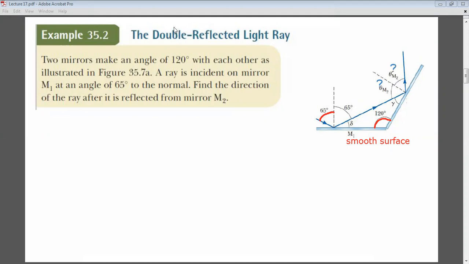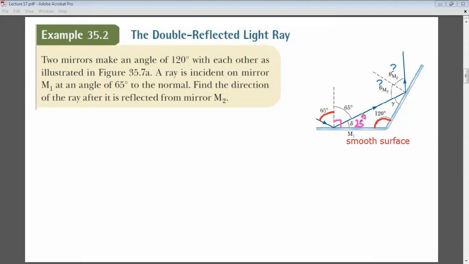So let's now draw in purple. If this is 65 over here, and this angle here is 90, then this angle over here is 25, which is 90 minus 65, right? This angle over here is 25, delta.